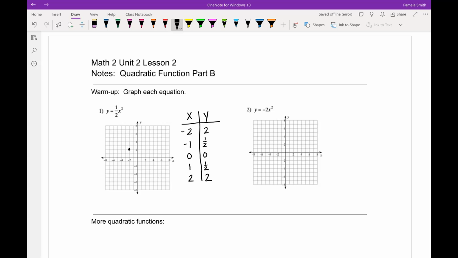So that when I graph this, it should look something like this. The second one, y equals -2x squared.